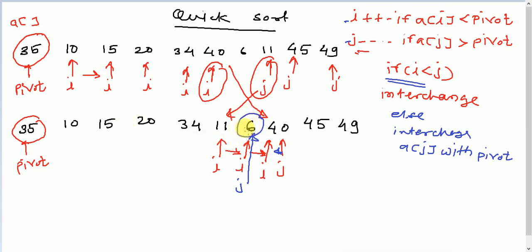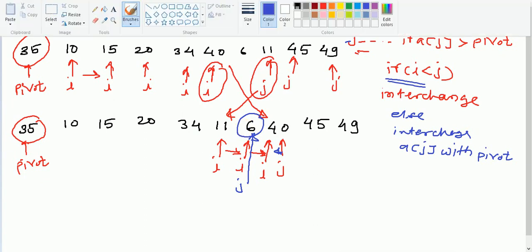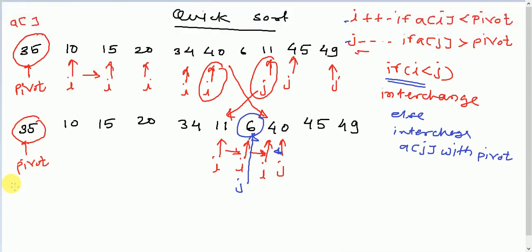We will interchange these two numbers, and then we'll be getting one array as 6, because you have interchanged 6 and 35, 10, 15, 20, 34, 11. This is one array we are getting here.